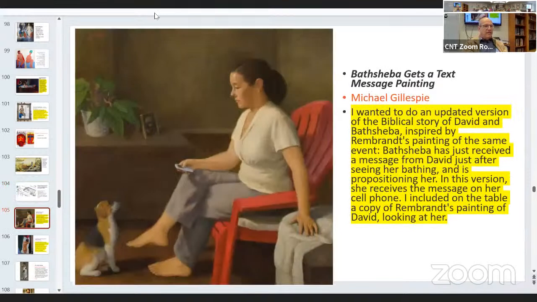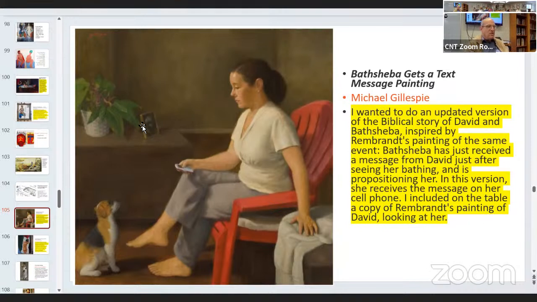Bathsheba gets a text message, okay, painting. And this is what Michael Galizzi writes: I wanted to do an updated version of the biblical story of David and Bathsheba. Inspired by Rembrandt's painting of the same event, Bathsheba has just received a message from David just after seeing her bathing and is propositioning her. In this version, she receives the message on her cell phone, and I included on the table a copy of Rembrandt's painting of David looking at her.